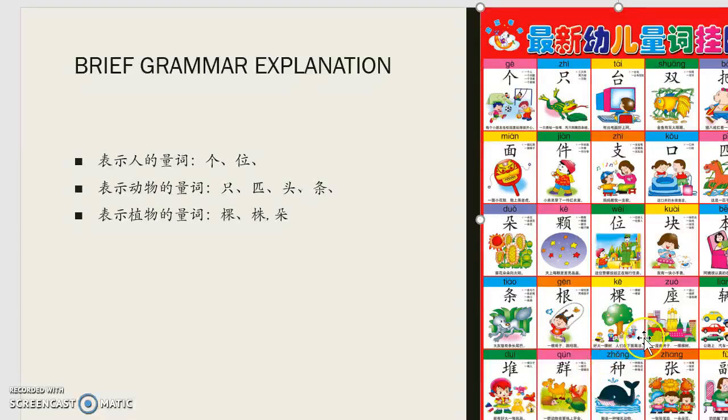If it is a tree, we use the measure word 棵. So students will notice that every measure word corresponds to a certain category, and there's a rule they can follow.